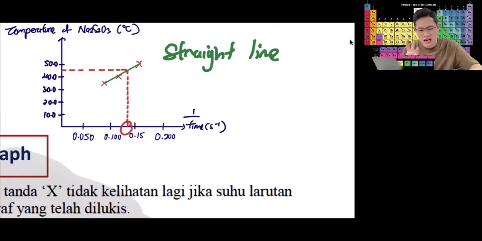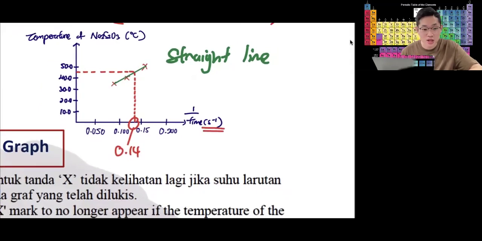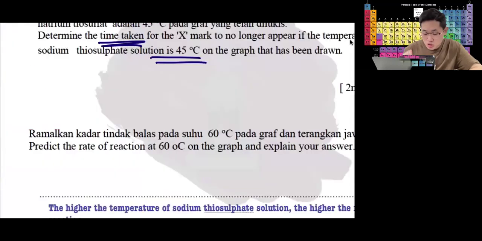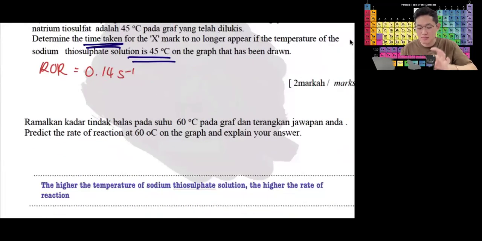Here, I think it's around 0.14. But remember, this is your rate of reaction in s^-1. So I'm going to use this rate of reaction, which is equal to 0.14, to calculate my time taken.